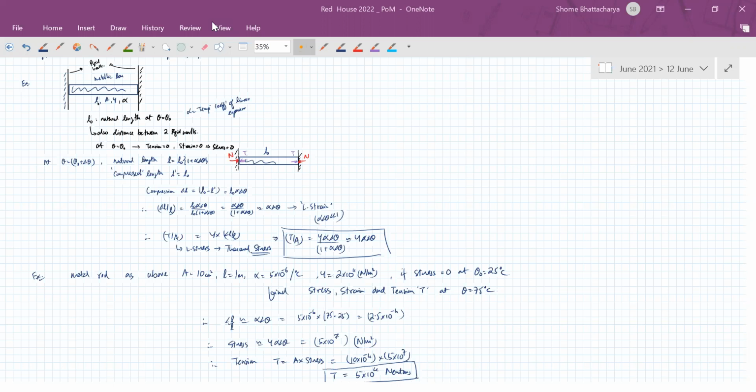This equation, of course, has been written assuming that under the action of thermal stress, the body is also behaving elastically. So it is obeying Hooke's law. That means the tension that is developing, and from that tension the stress that it has, is well within the elastic limit. So it's still behaving like an ideal material which is elastic in nature.